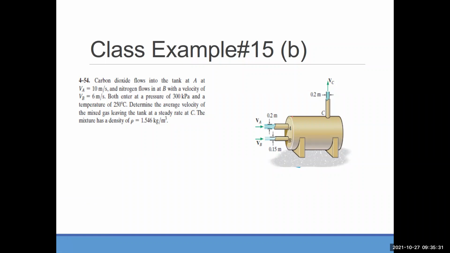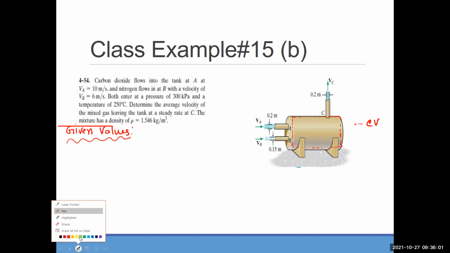and we will consider this tank as our control volume. I shouldn't use the arrow sign, you will be confused. Okay, so this one is the control volume, like this dotted line is the control volume here. Now, for this control volume, how many inlets do we have?